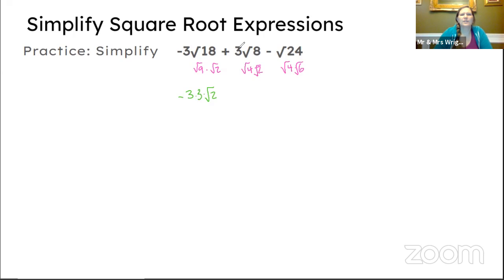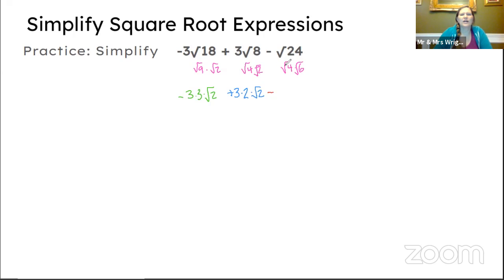Okay, now my next term here, I've got my plus 3. I can take the radical 4 out of its little house, and square root of 4 is 2. And then I still have the radical 2 right there. And then my last one, there's no coefficient, but it is a minus.